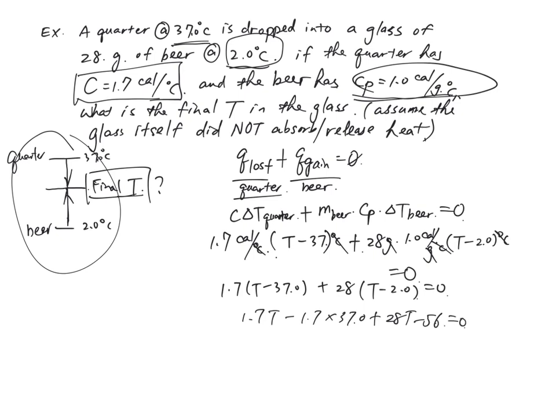Rearranging again, (1.7 plus 28) T should equal 1.7 times 37.0 plus 56.